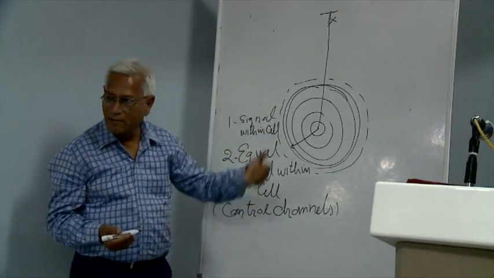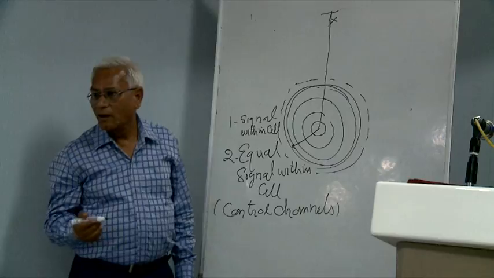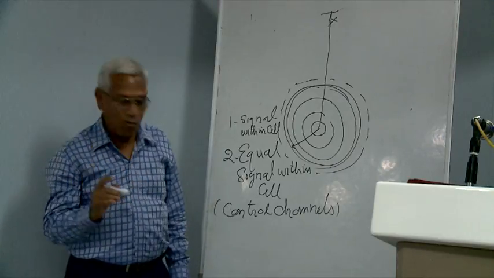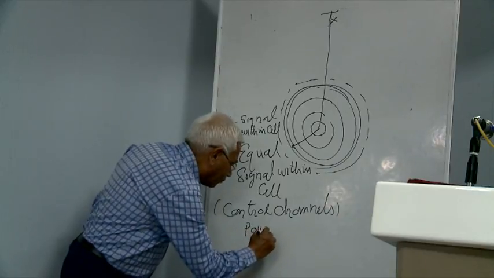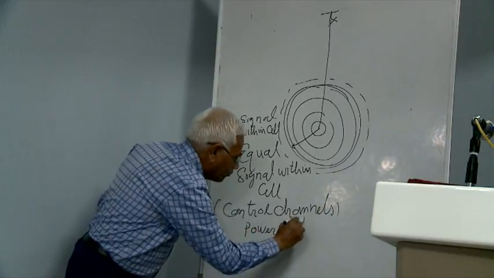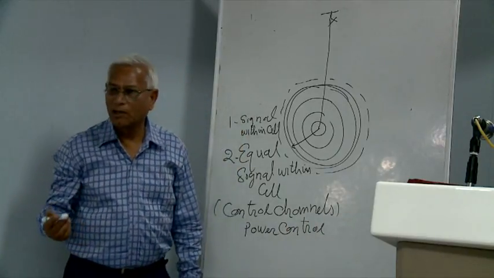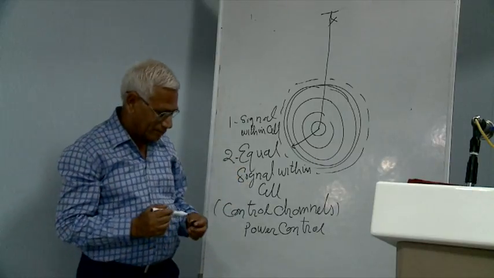And how signal level is maintained, that is by control channels. We will discuss, that is called the power control. Name is power control. And we'll discuss this thing in some other forum. At present, we'll discuss about the cell design.